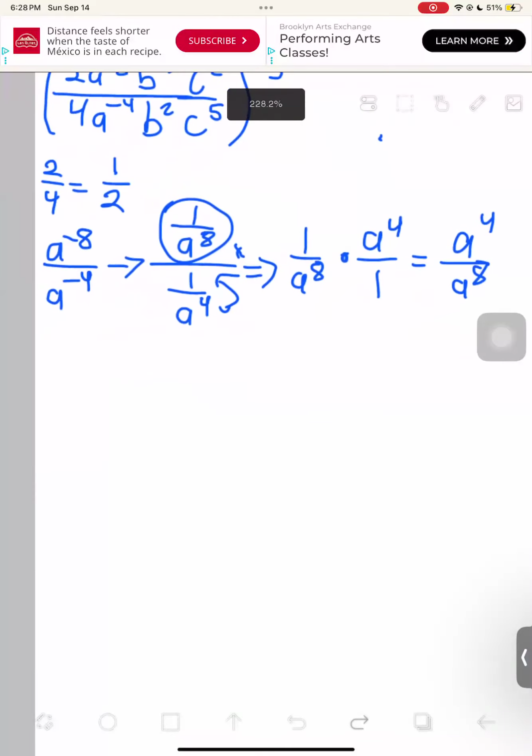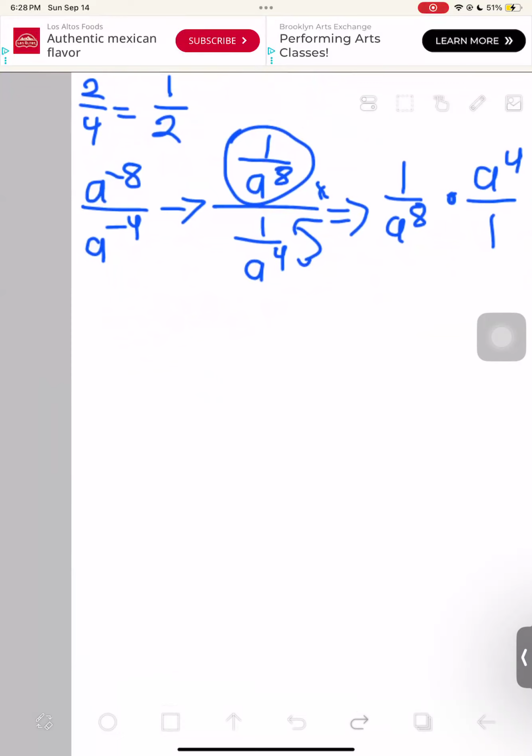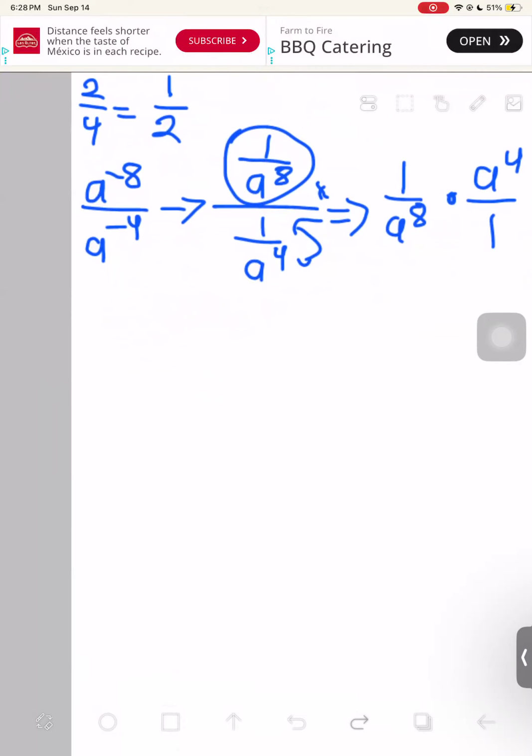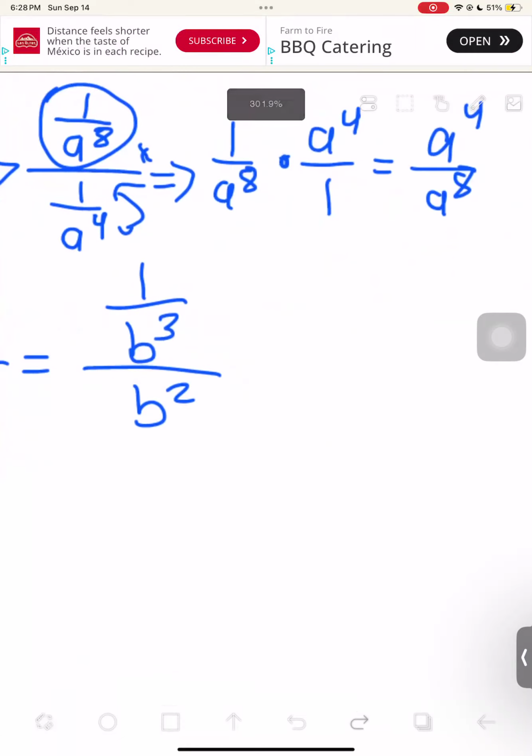Good so far. Let's move on to b. B is b to the power of -3 over b to the power of 2. Same thing. B to the power of -3 is 1 over b to the power of 3, over b to the power of 2. Keep, change, flip.